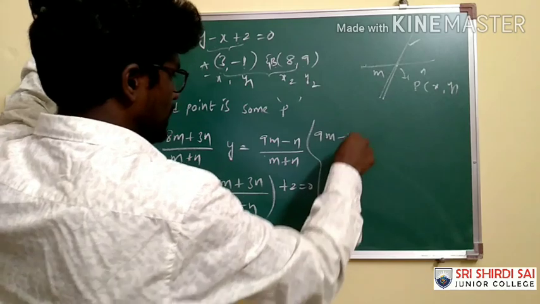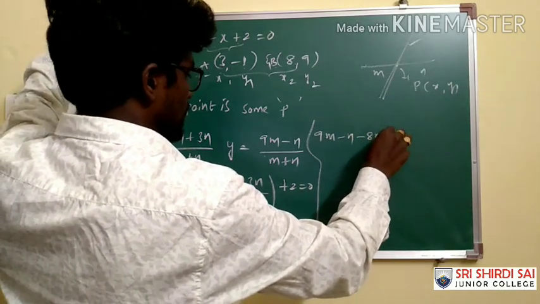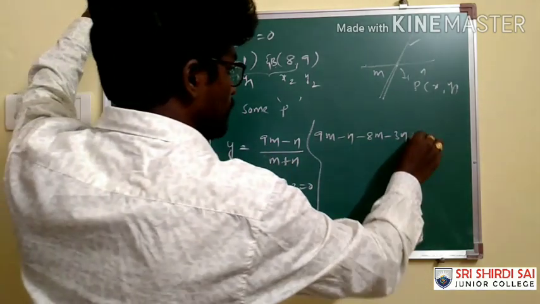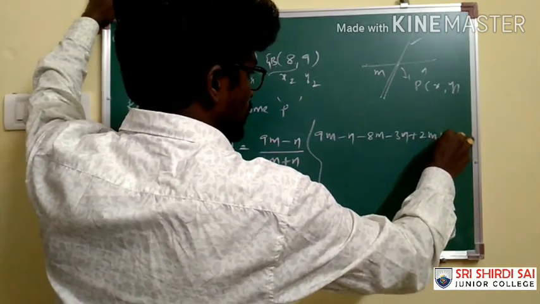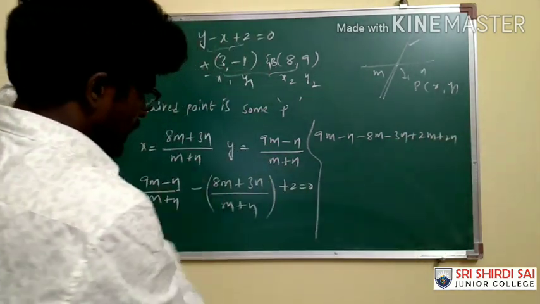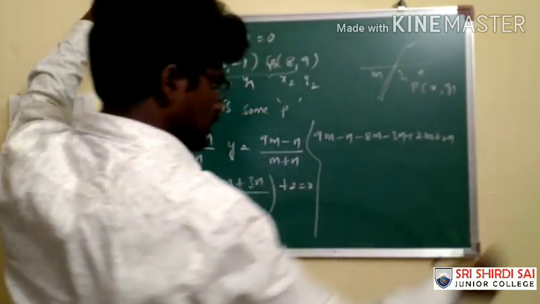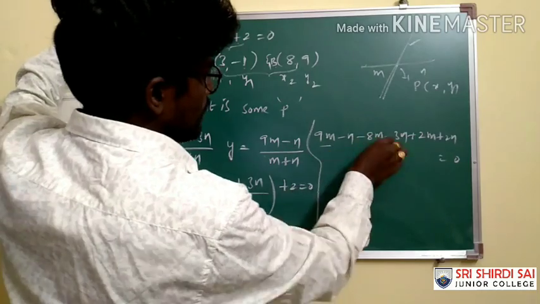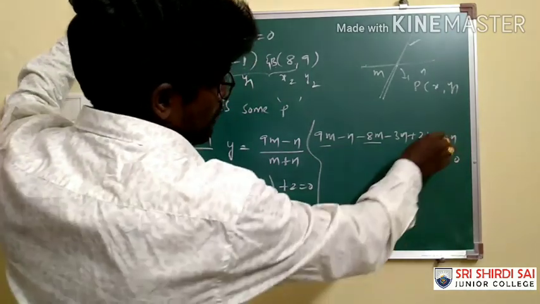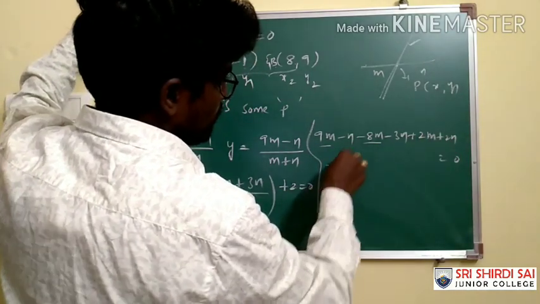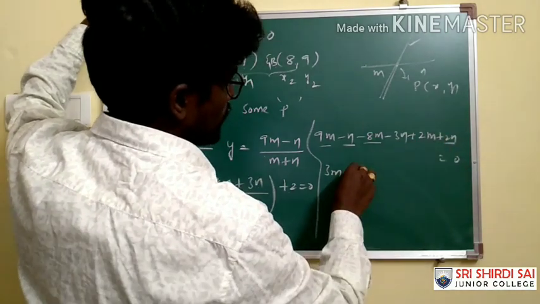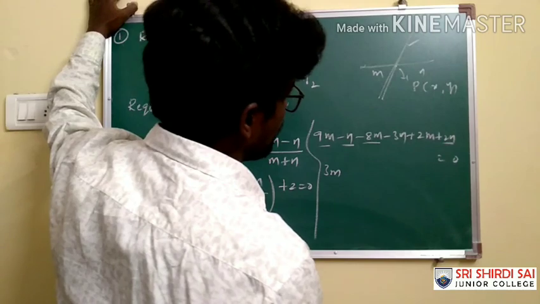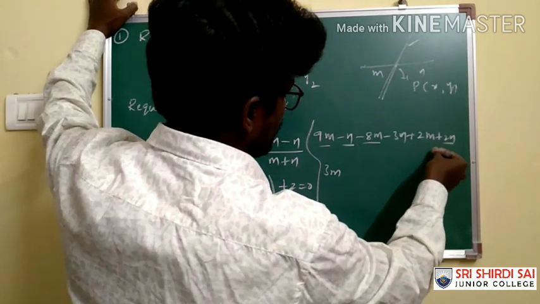So 9m minus n minus 8m minus 3n plus 2 into m plus n, over m plus n, equal to 0, which means the numerator is 0. 9m minus 8m is m, plus 2m gives 3m.